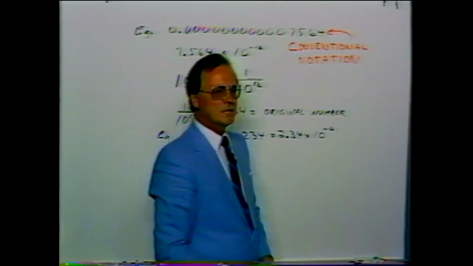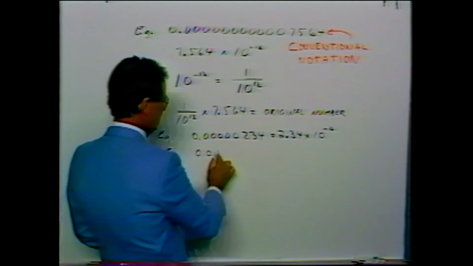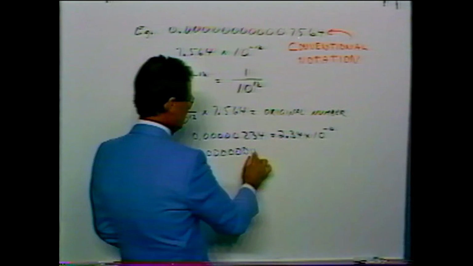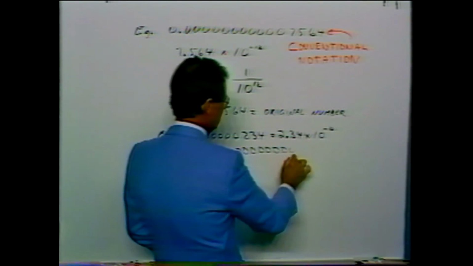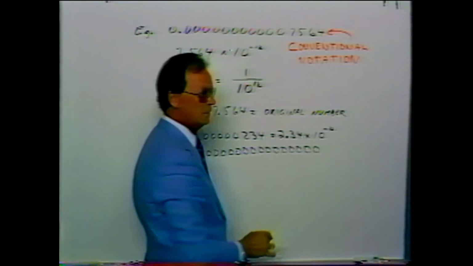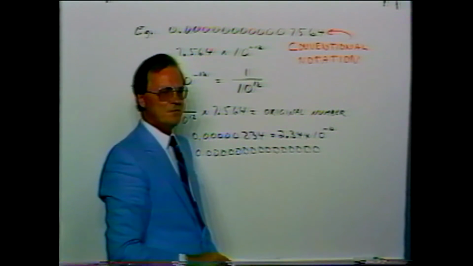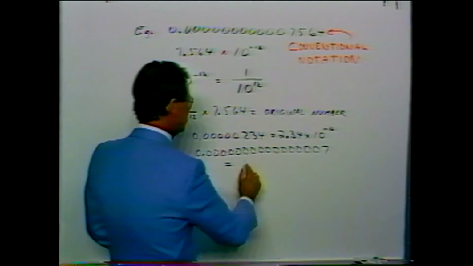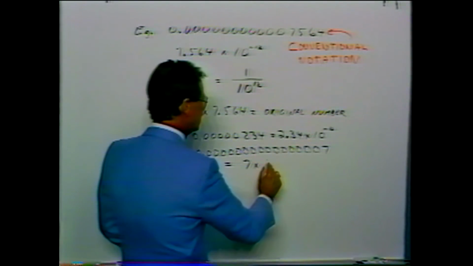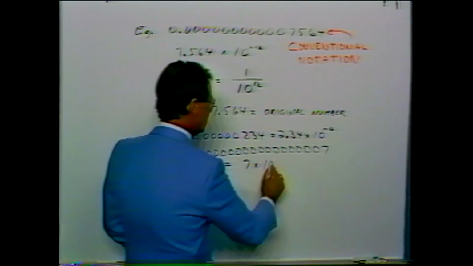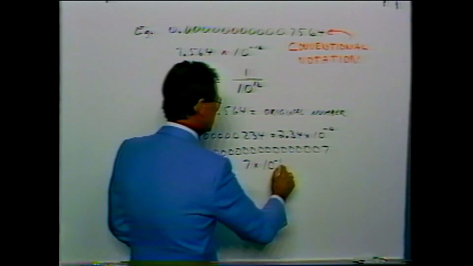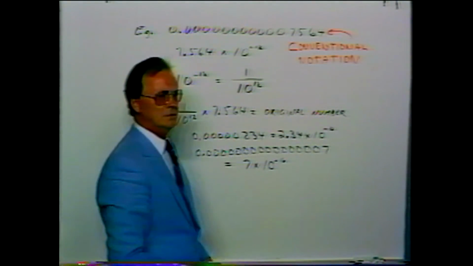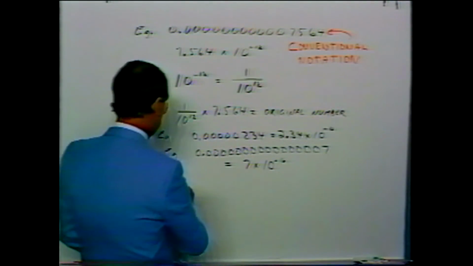Here is another example. Did you count them? 15. Then this is equivalent to 7 times 10 to the minus 16.